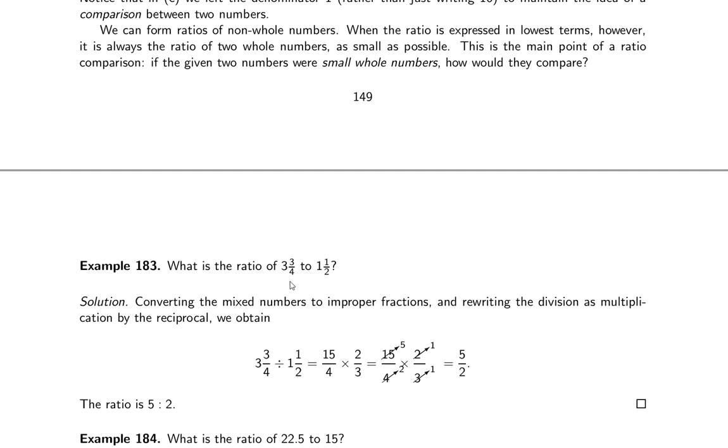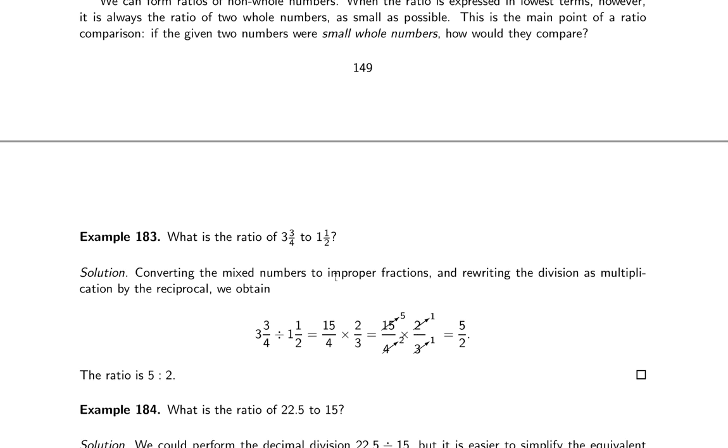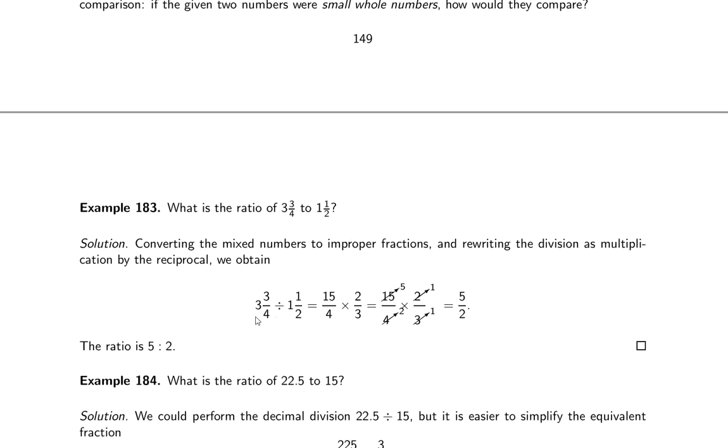All right, here's a more complicated one. What is the ratio of 3 3/4 to 1 1/2? So we're comparing two numbers. This time we're comparing two mixed numbers. And don't forget, the operation is division, so we have A divided by B. So how do you divide mixed numbers?